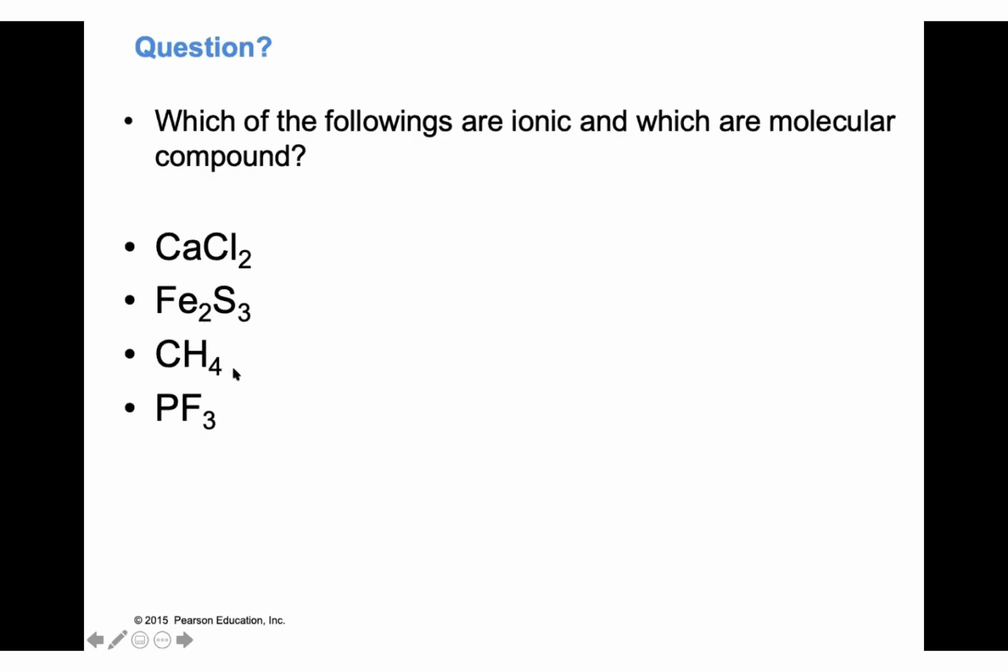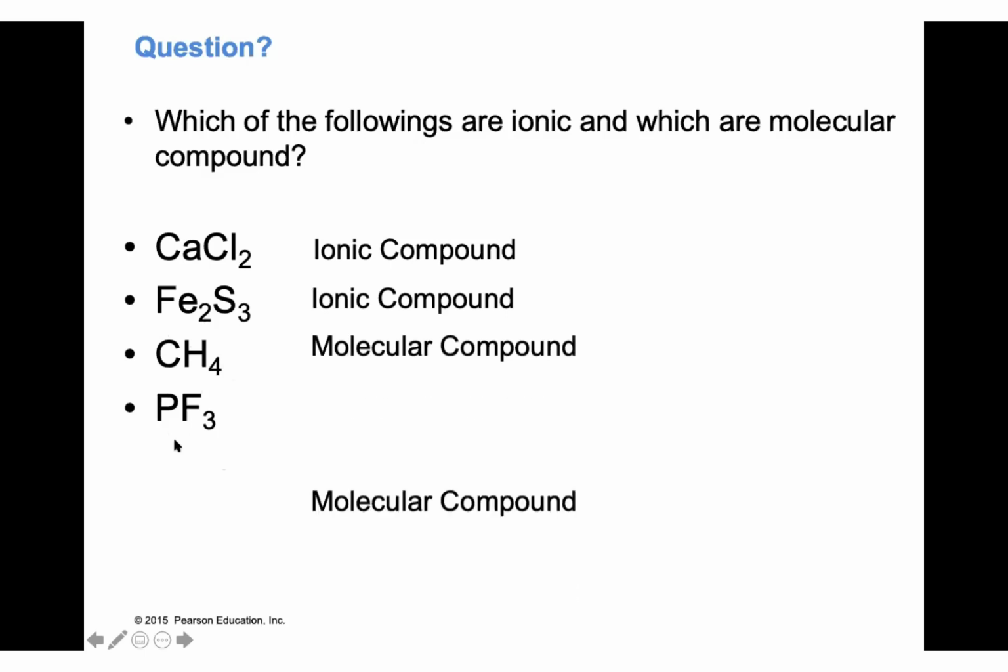Another name for molecular compound is covalent compound. What about PF3 here? P is phosphorus, which is on the right side of the ladder, and fluorine is also on the right side. So this is a molecular compound or covalent compound. So that's what we had.